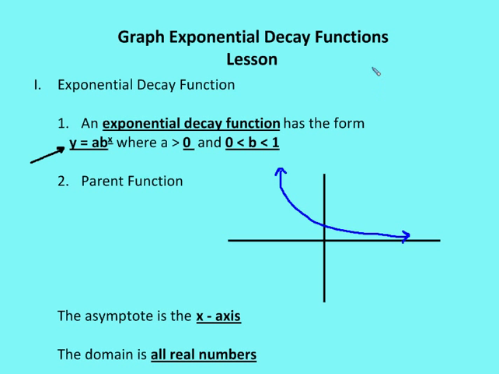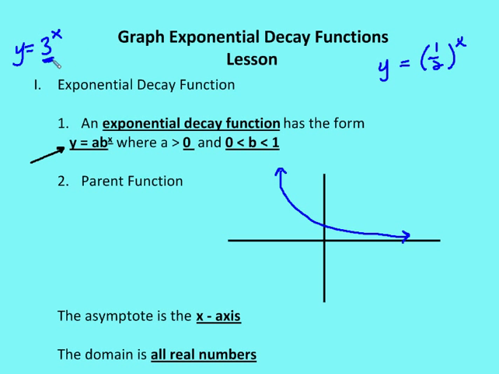So exponential decay would look something like, and let's do this in blue since we have an exponential decay function, y is equal to 1/2 to the x. So y is equal to 1/2 to the x is exponential decay, and y is equal to 3 to the x is an exponential growth function.